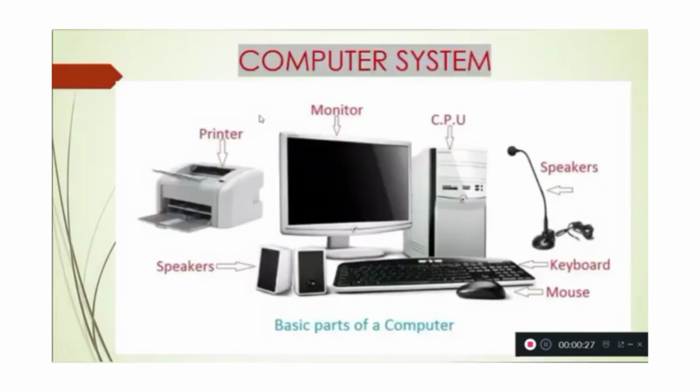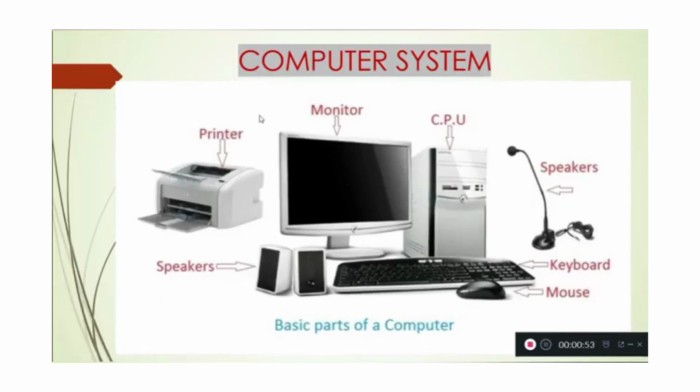Now first, let's see what a computer system is. A computer is an electronic device that operates by following a set of instructions. It performs calculations and processes information with great speed and accuracy.